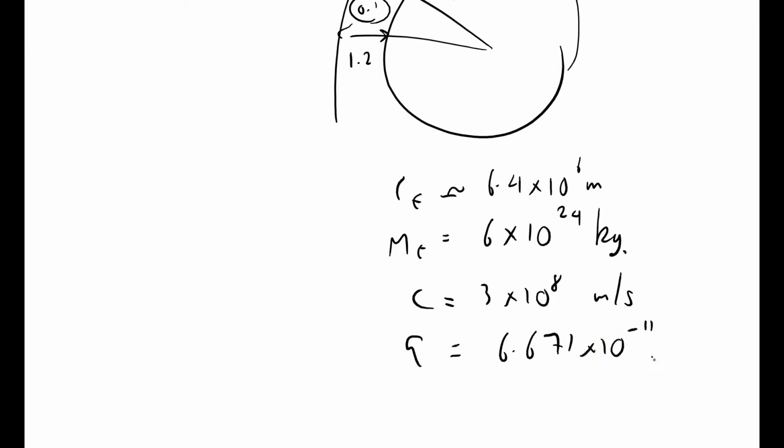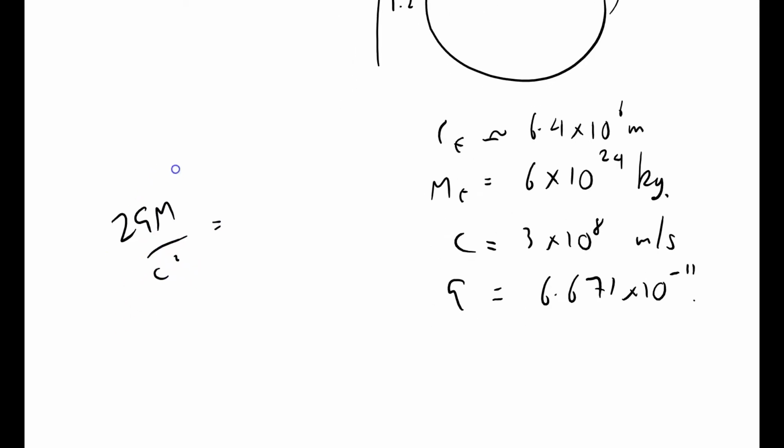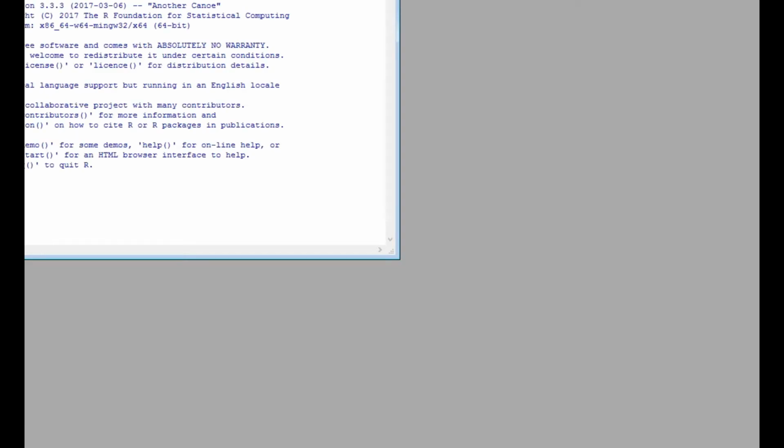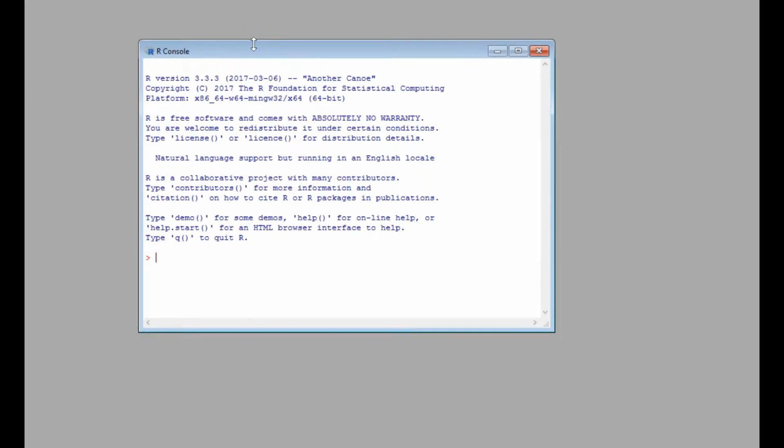So let's work out the Schwarzschild radius. 2GM over c squared equals the Schwarzschild radius. Well, let's work it out. We need 2 times 6.671 times 10 to the minus 11 times the mass of the Earth.